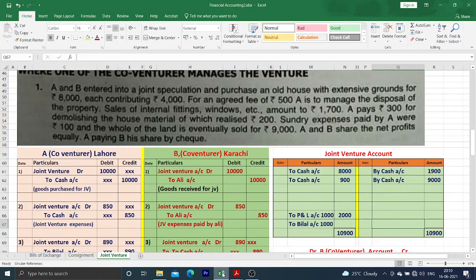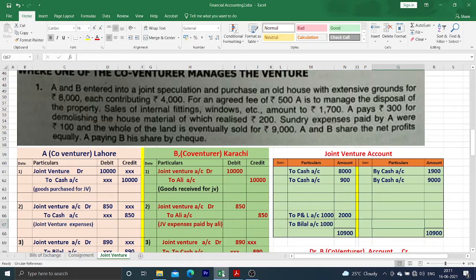A and B entered into a joint speculation and purchased an old house with extensive grounds for 8,000. So A and B agreed to start a business of taking an old house, and they would like to buy an old house for 8,000 rupees. For this purpose, each will contribute 4,000.